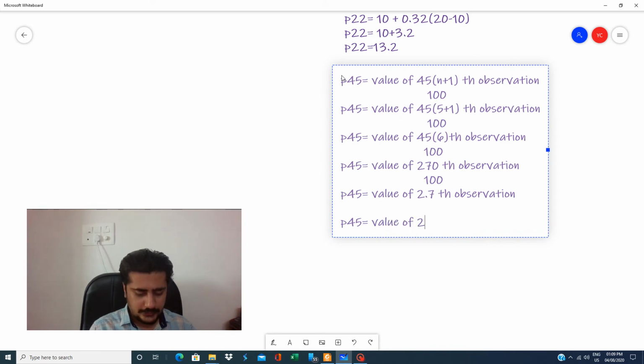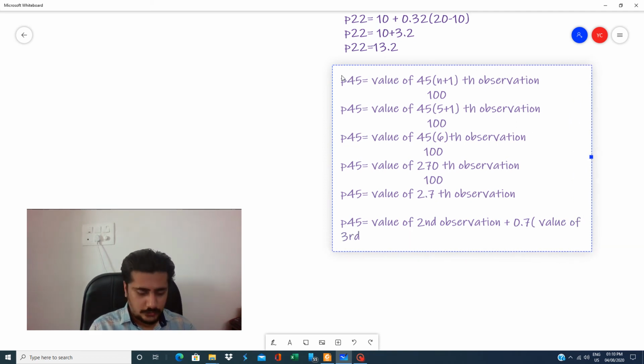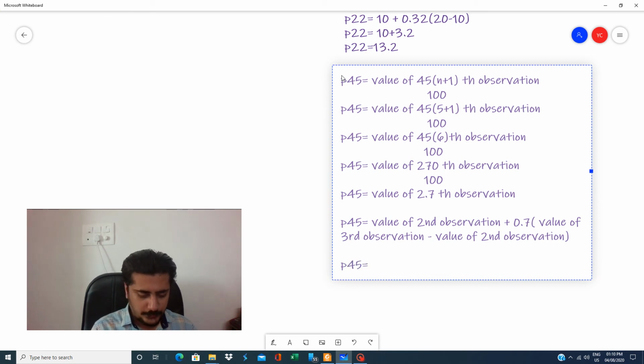P45 is equal to value of second observation plus, 2.7 is between 3 and 2, so it's 0.7 into value of third observation minus value of second observation. So P45, now what is value of second observation? As I told you, we have taken a very simple example.